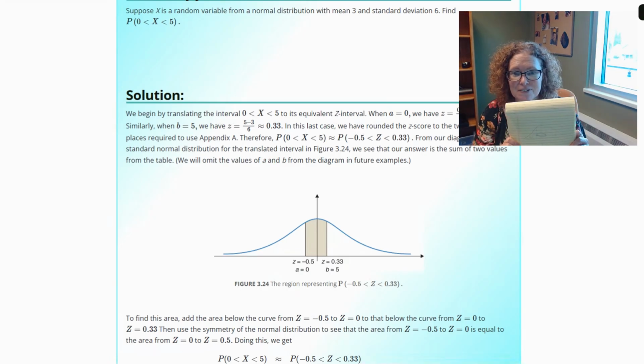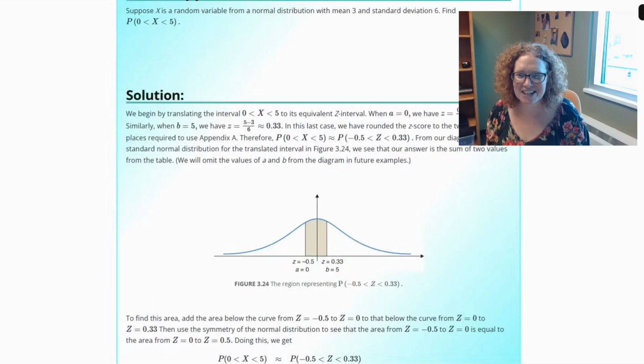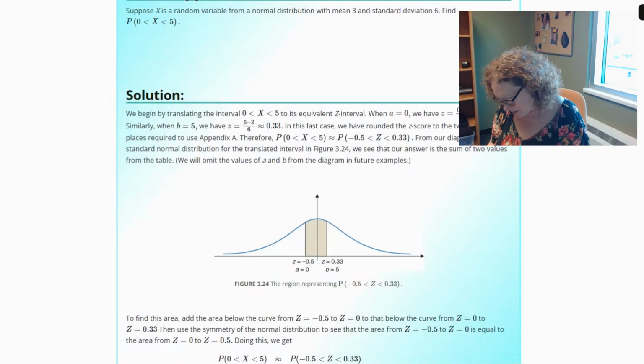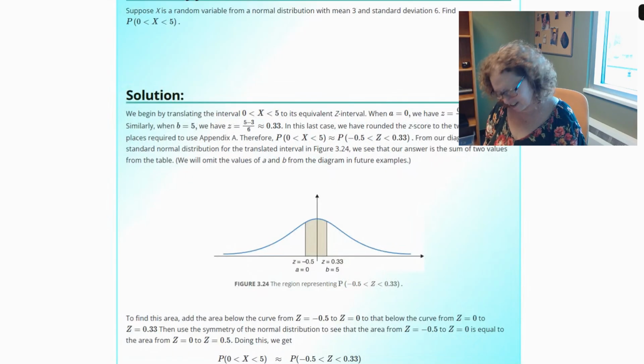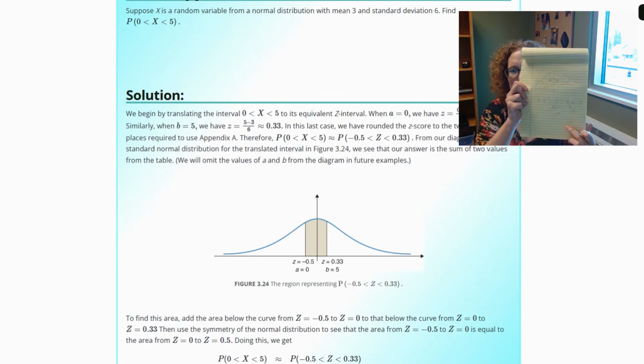So we're doing that side first, right? When we subtract that out, we get negative 3 over 6, which is negative a half, which is also negative 0.5, in decimal places.